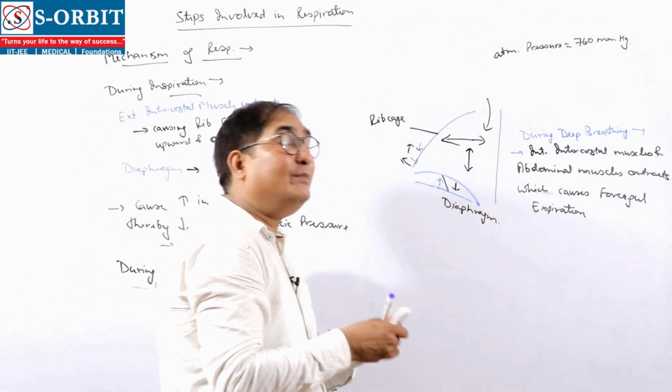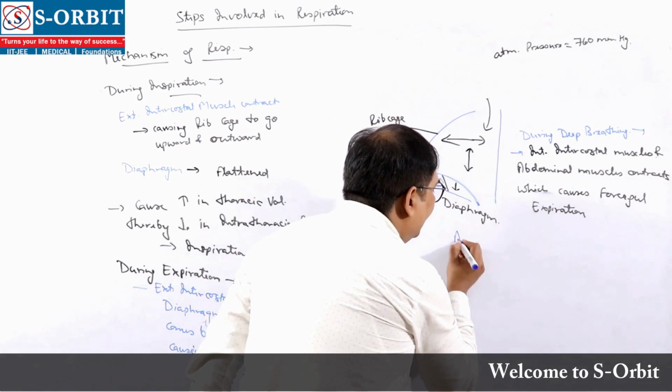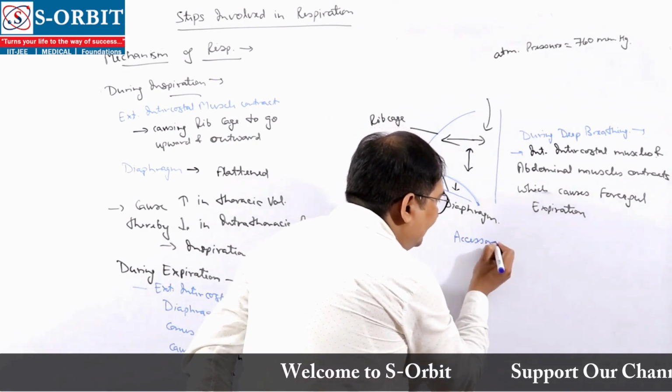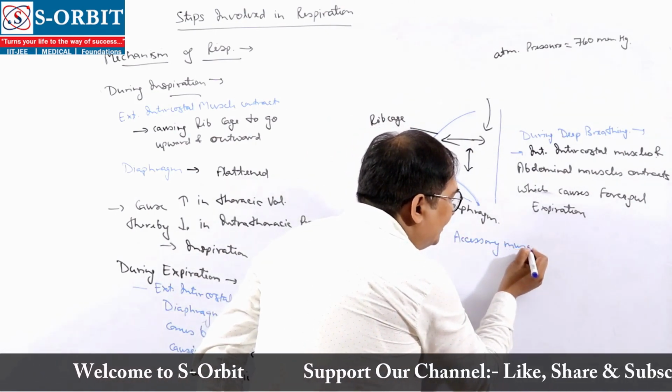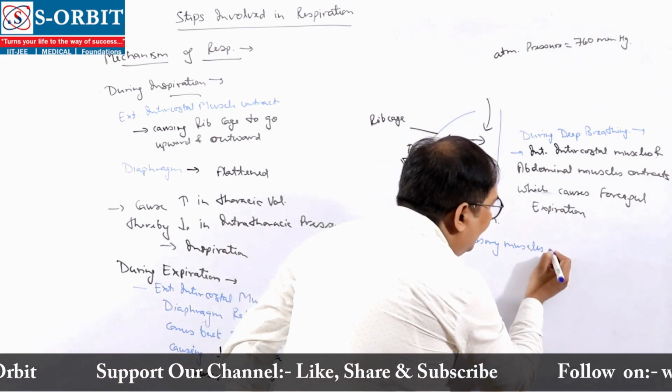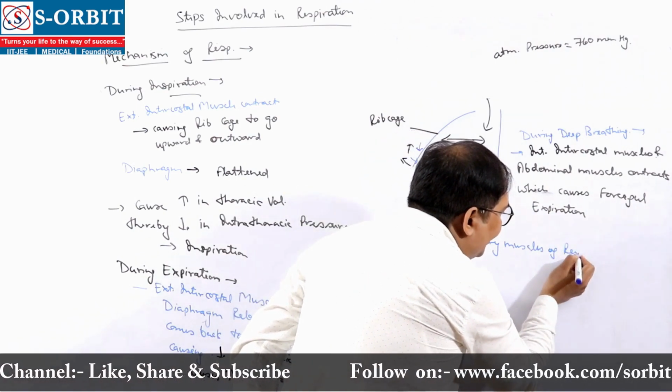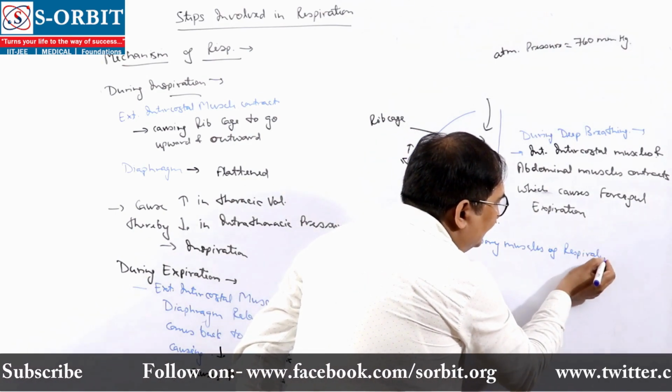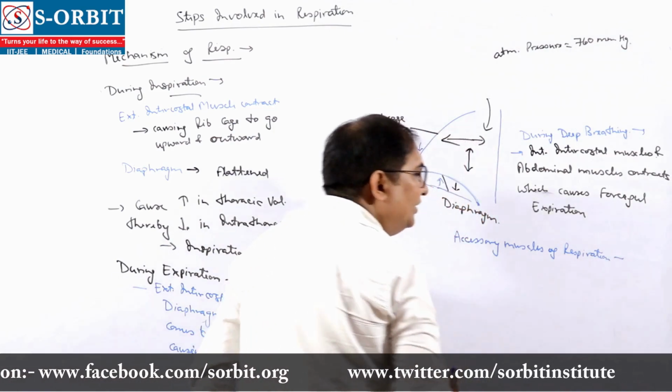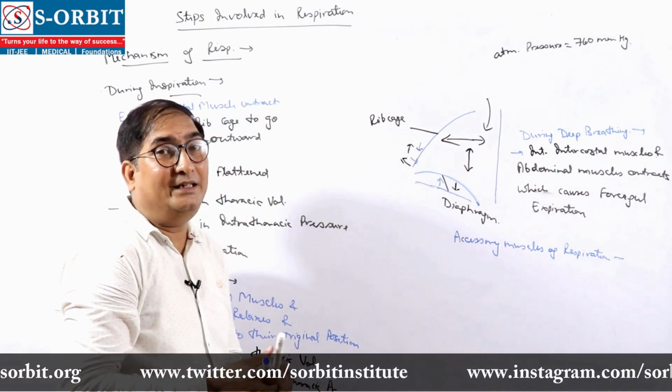And there are some accessory muscles of respiration. These are called into action when forceful breathing occurs.